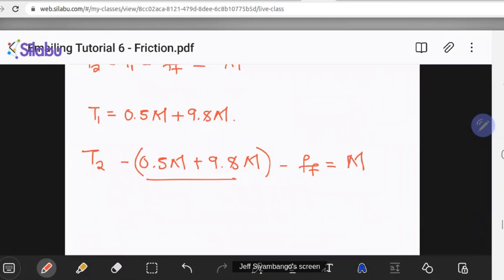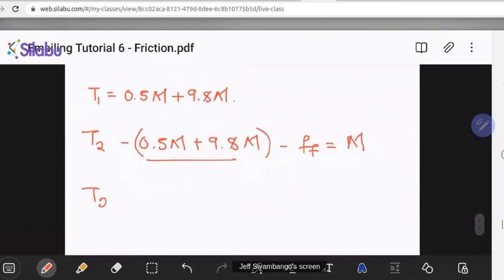We get 10.3. So we have T2 minus 10.3 m, then we have minus the force of friction, and this is equal to m. Again, we see that these two can easily add up.